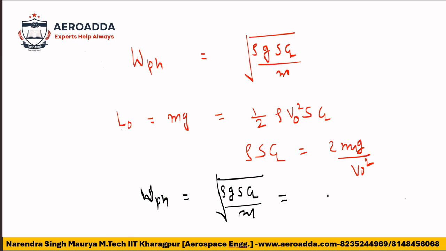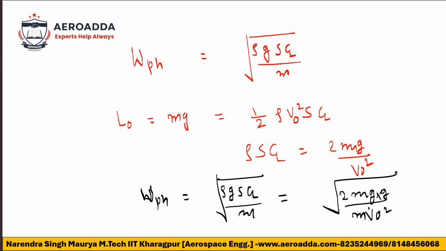G you can keep, because one more g will be there inside the root. Check by your own, V naught square and divide by m is also there. Rho S CL is 2 mg, so g is already there. So 2 mg into g divided by m. m and m cancel out. What you will get?